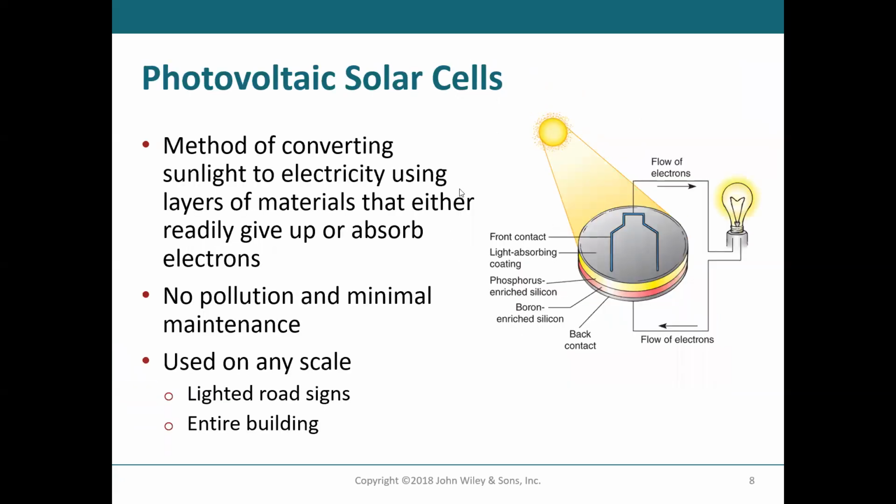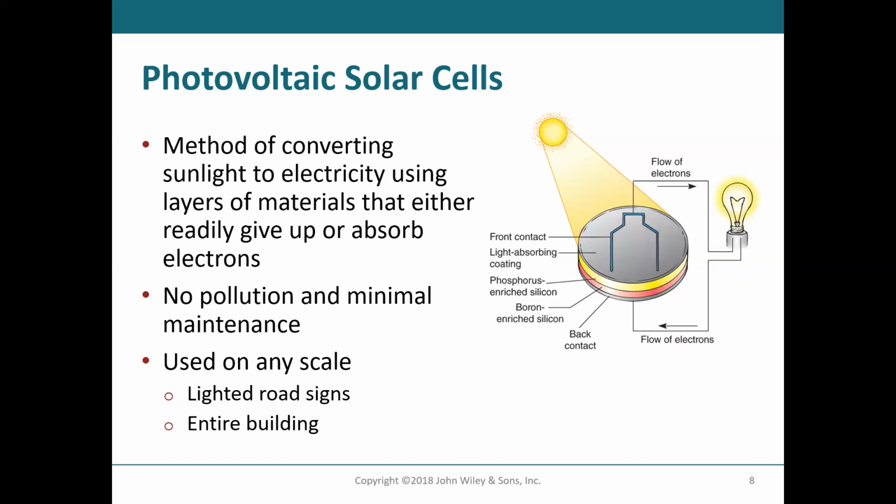Photovoltaic solar cells are a method of converting sunlight to electricity using layers of materials that either readily absorb or give up electrons. It has no pollution and minimal maintenance. These solar cells currently provide more than 21,000 megawatts of electricity worldwide, and that's about the same as 21 large nuclear power plants, but this is only 0.7% of global electricity.